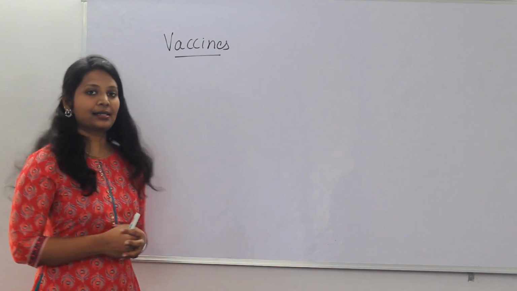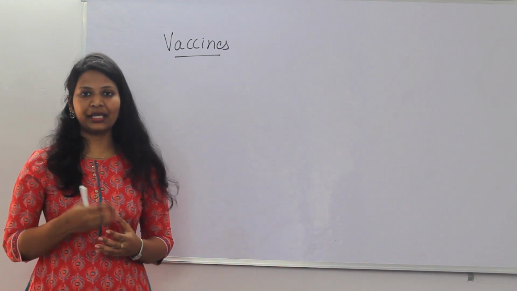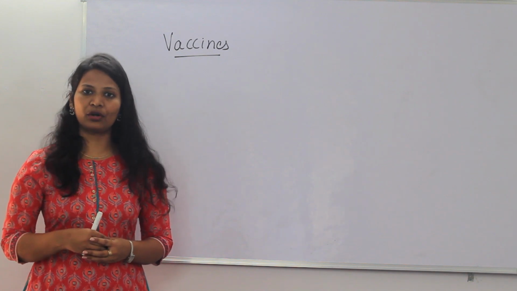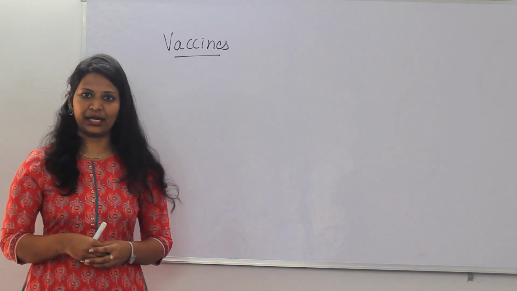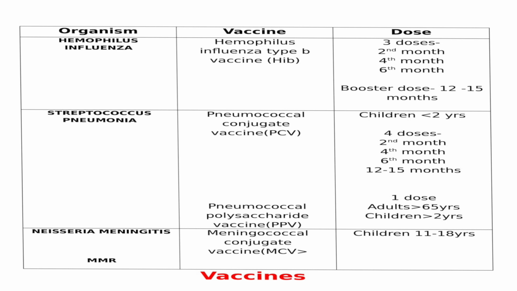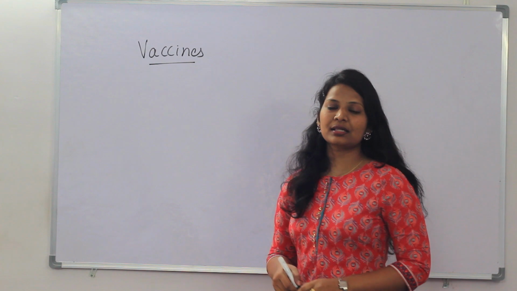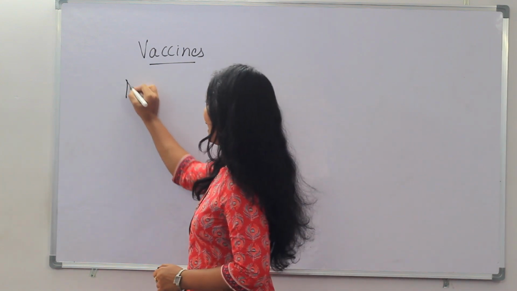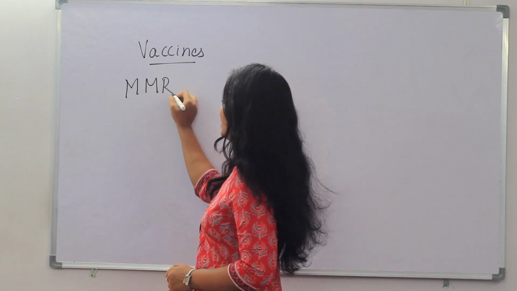Now let's see about the vaccines. Vaccines can prevent many of the organisms that cause meningitis. Many of these shots are given to young children to prevent meningitis. And please go through the immunization schedule which is displayed in the table. And the other vaccines which are commonly given to young children against meningitis are MMR.